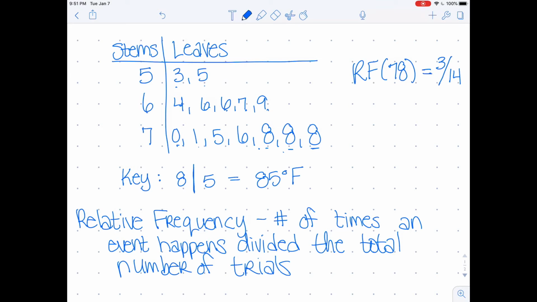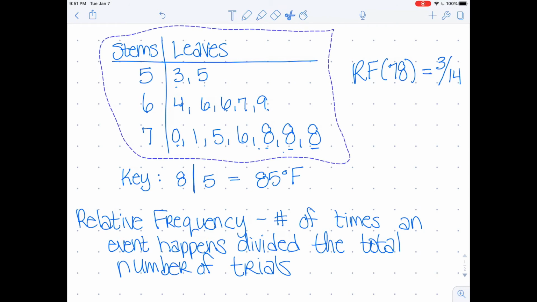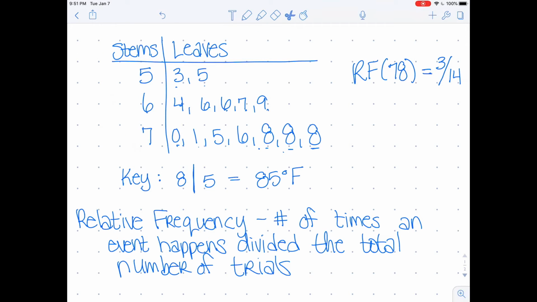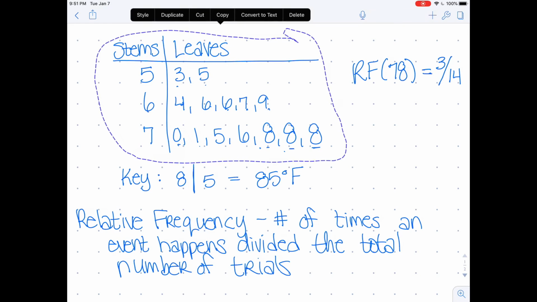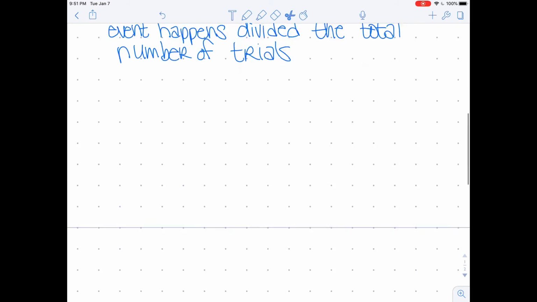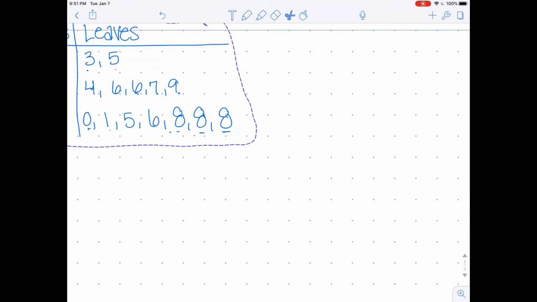The last thing we need to talk about is how to make a histogram. So I'm going to copy our data from before so that we can make a histogram of it.